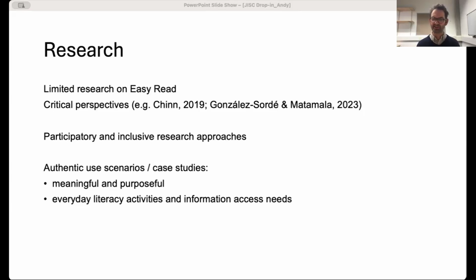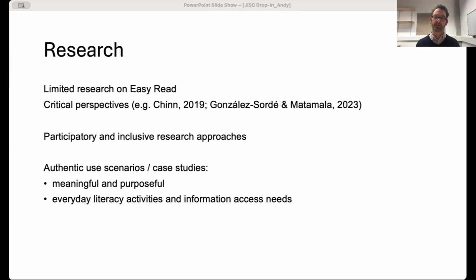We can think about authentic use scenarios, case studies that are really meaningful to the community, that are purposeful, that reflect everyday activities and information access needs as well. And we can expand this to other communities as well, of course, which I'm sure many in the audience will be thinking about.